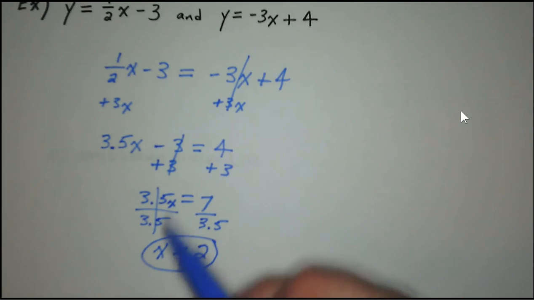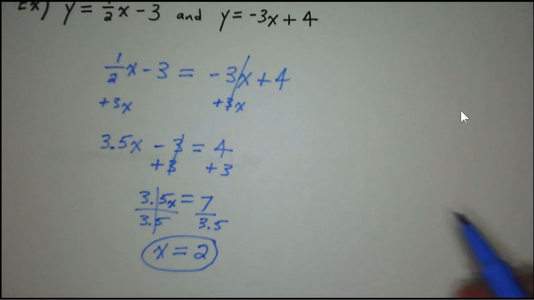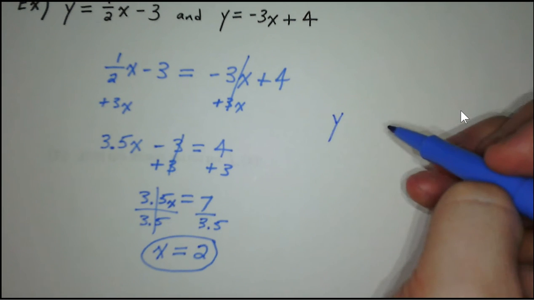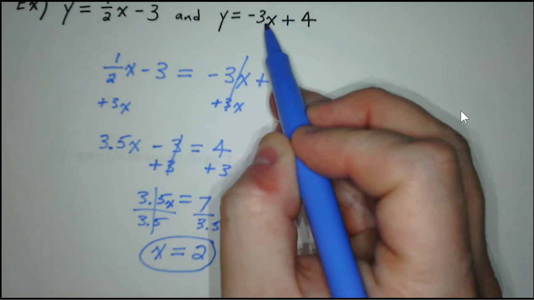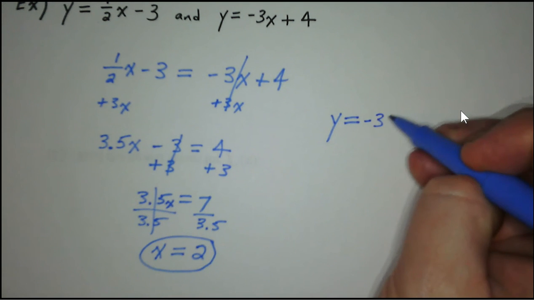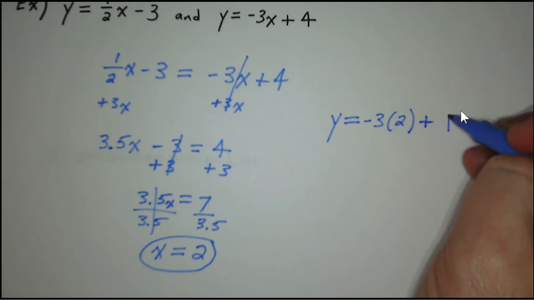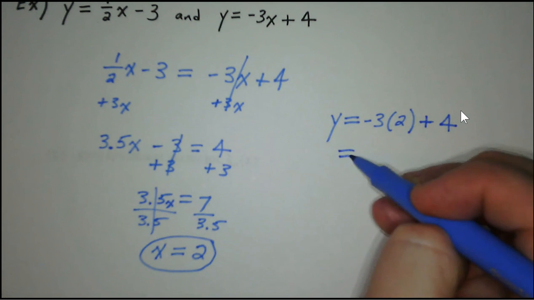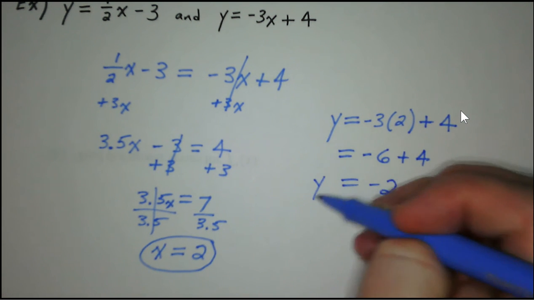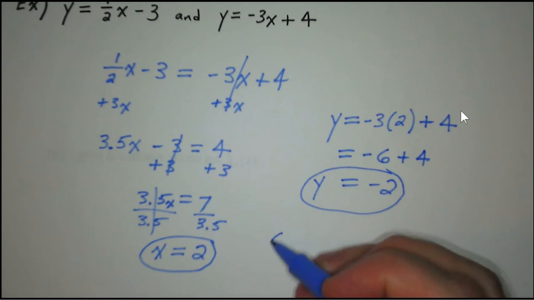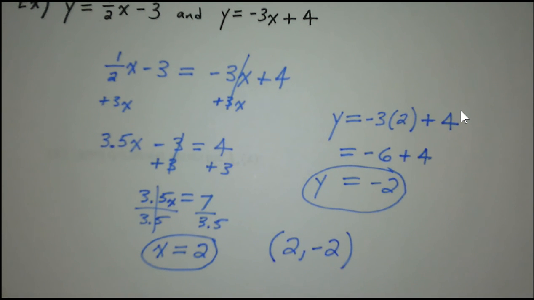So now I'm just going to plug that into this equation, because I still need to figure out what y is going to equal. So y equals -3x. Well, now we know that x is actually a 2 in disguise. -6 plus 4 is -2. So my final answer is (2, -2). So that's how that works.